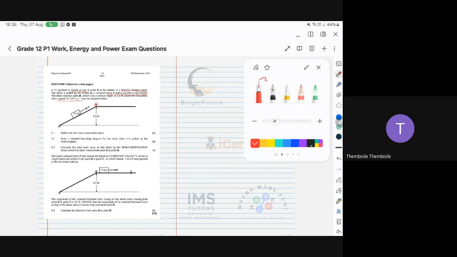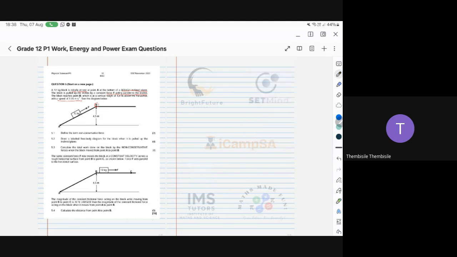Question 5.1. What they want from you here is the definition of a non-conservative force. Does anyone know what a non-conservative force is? Anyone?